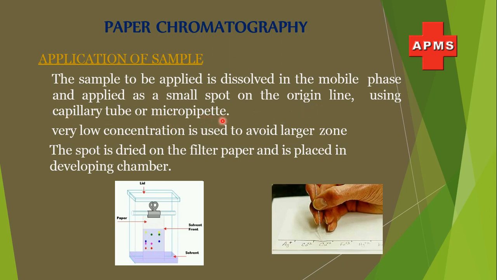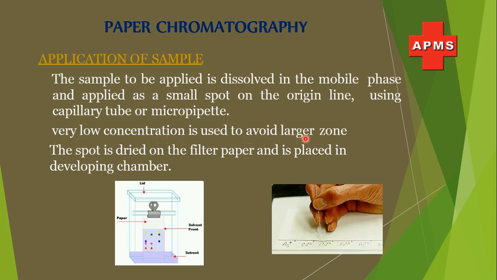Why do we use a capillary tube or micropipette? Because we have to put a very small amount of sample on this filter paper. So these are very good for applying the sample components on the stationary phase.